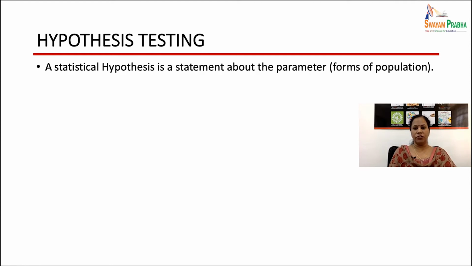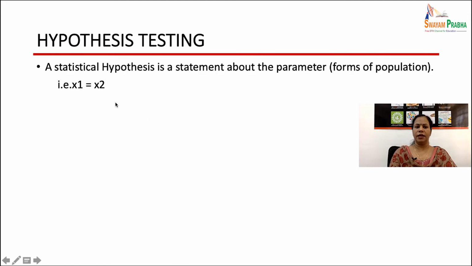In the last lecture about parameter and statistics, I told you that the word parameter is always used for population and statistic for sample. So whatever hypothesis we make, the prediction is always for the population. So a statistical hypothesis is a statement about the parameter, that is the forms of the population.